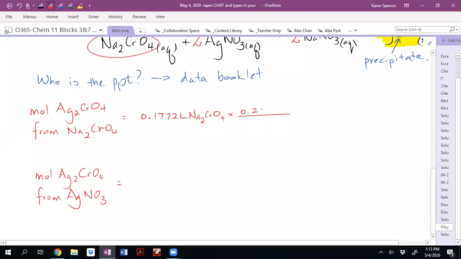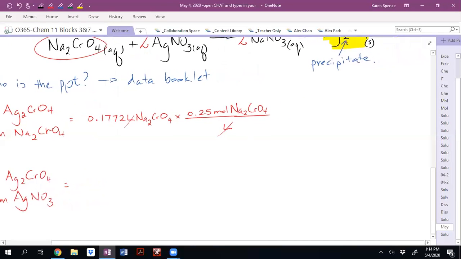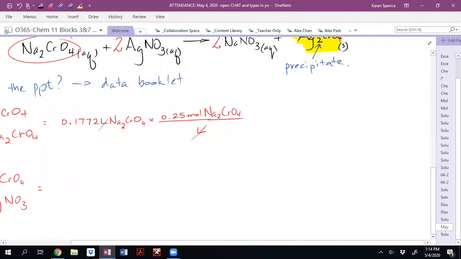And it has a concentration of 0.25 moles Na2CrO4 per liter. So now we're going to know the moles of Na2CrO4. Now we want to find the moles of product. So cancel the moles of Na2CrO4 and find the moles of product.